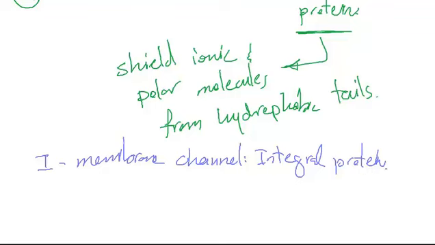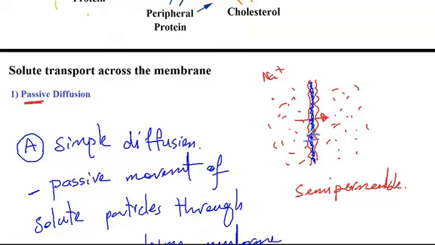So if you think of it, here we can have a channel protein that has a hydrophilic environment inside its boundaries, as a consequence of which large polar or ionic molecules can go through it from an area of high concentration to low concentration, because we are still talking about passive diffusion.